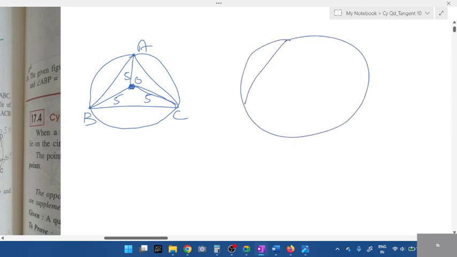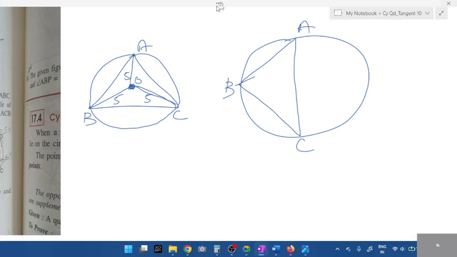If I draw a circle and let me draw the triangle like this. For this triangle, students, the triangle is inside the circle, right? Triangle is inside. I let it be A, B, C. I'll just explain using a diagram why you can't take the incenter as the center for the circle.